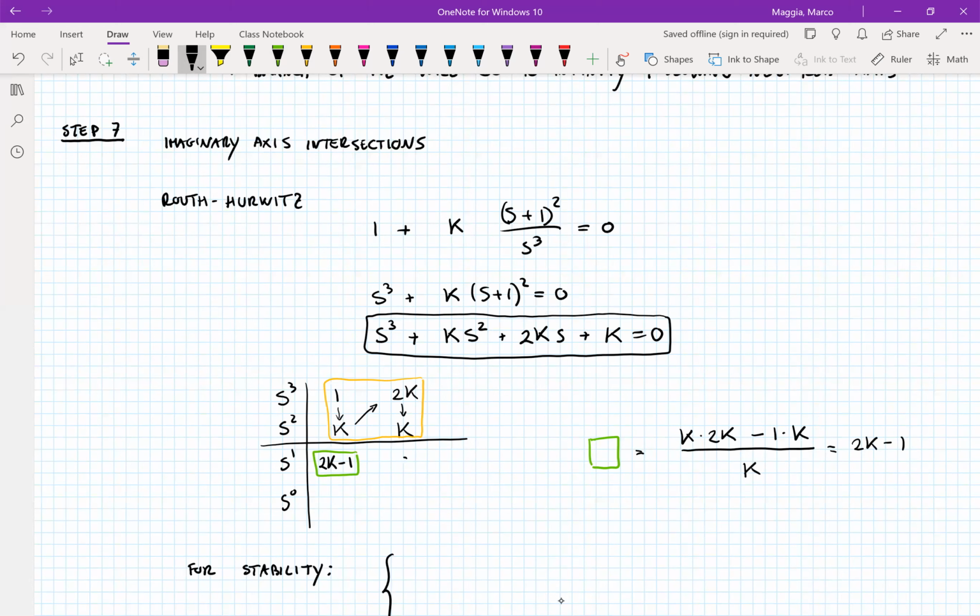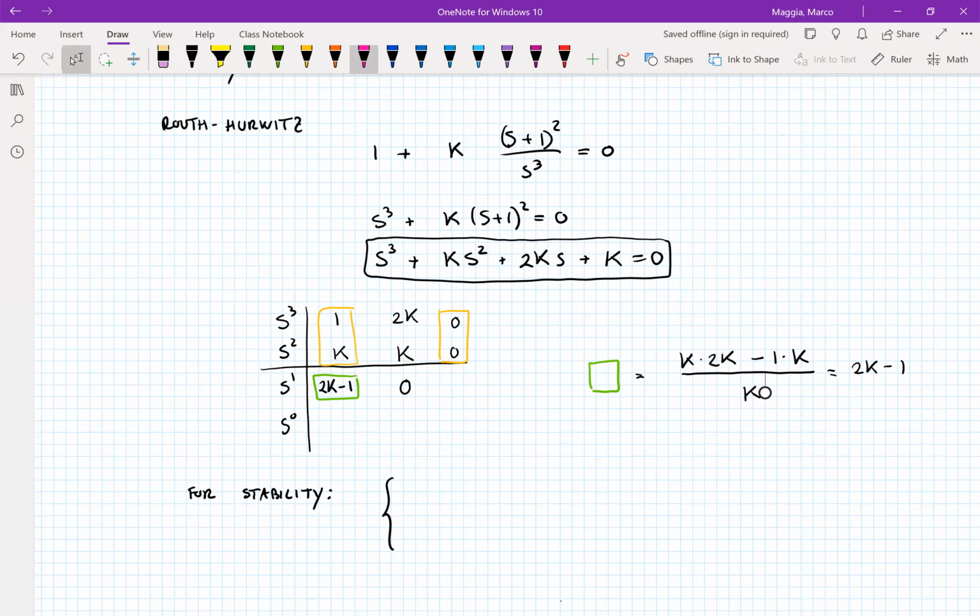The next term here is 0 because we are considering these two terms and these two terms, which are zeros. So it's obviously 0. What about the last entry of the Routh array? Well, in order to calculate this, we need these 4 elements.